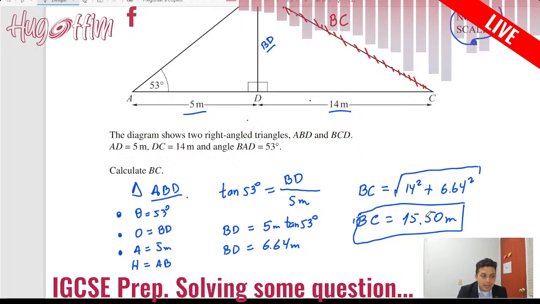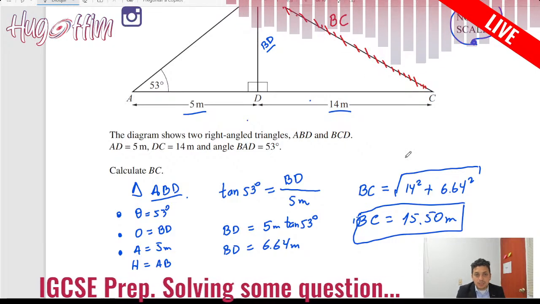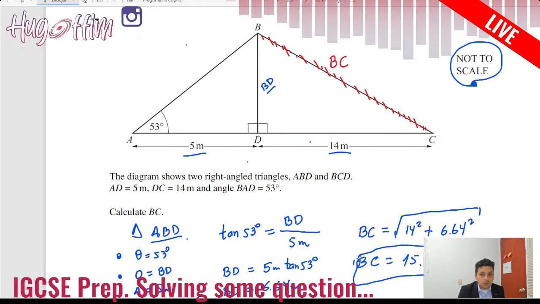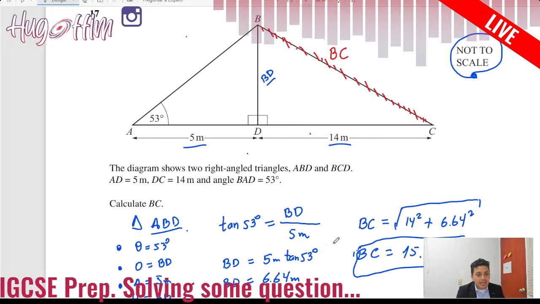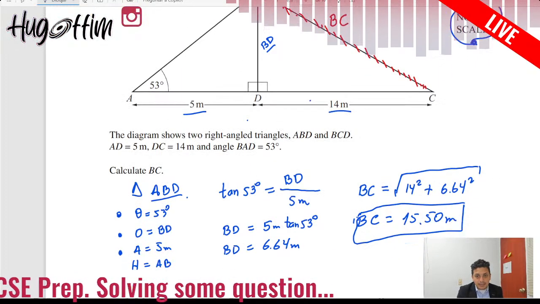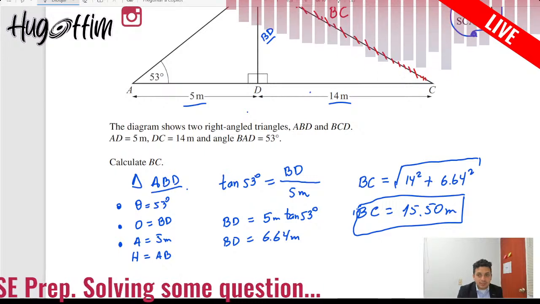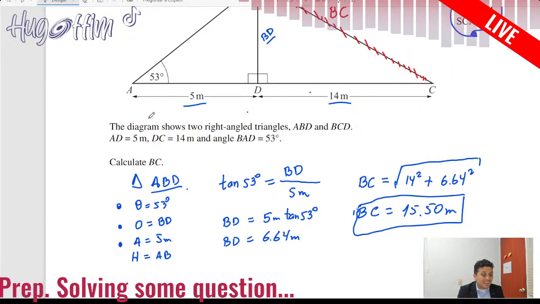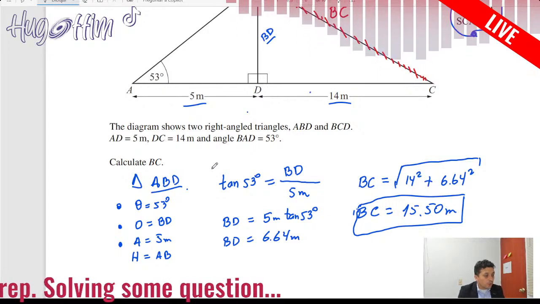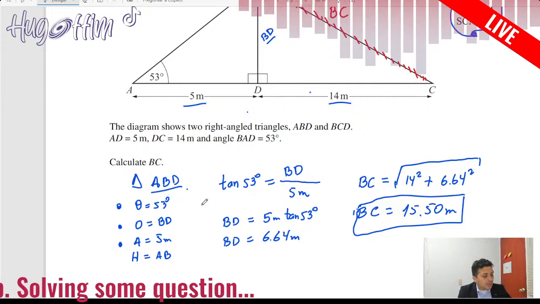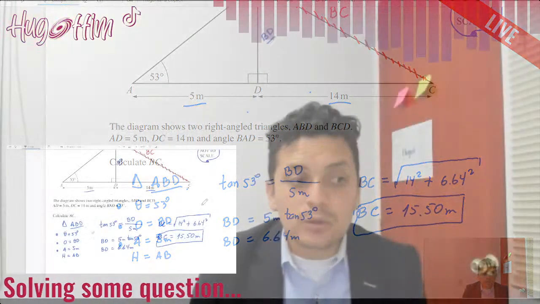You can calculate BC just by using trigonometric ratios and the Pythagoras theorem. This is how you can solve this type of exercise, by applying trigonometric ratios and the Pythagoras theorem. Even though this is an exercise for core, it requires a lot of process, a lot of computations, but on the bright side you're able to use a calculator in these problems.